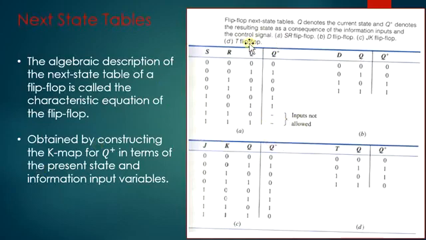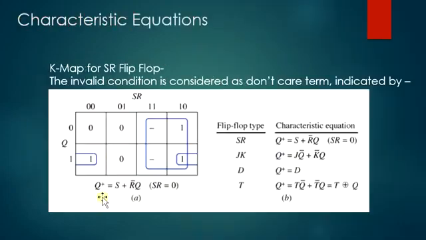From this particular function table, I get Q plus equal to S plus R bar Q, which is obtained by combining the various groups in the Karnaugh map.